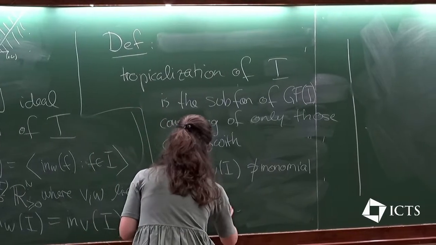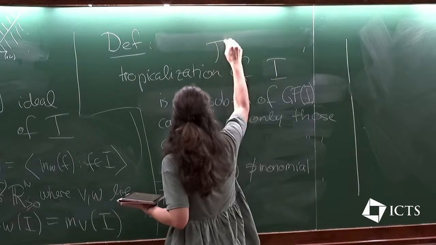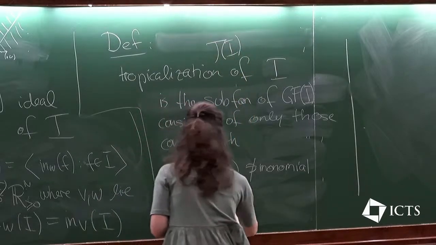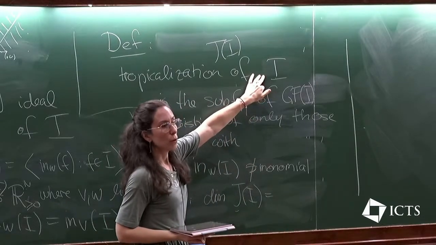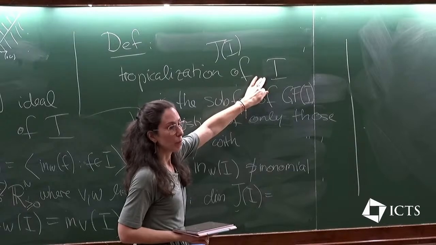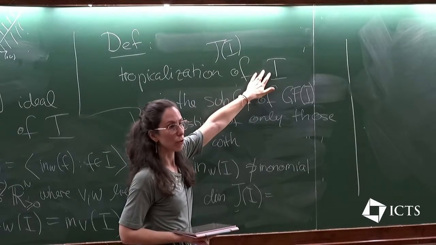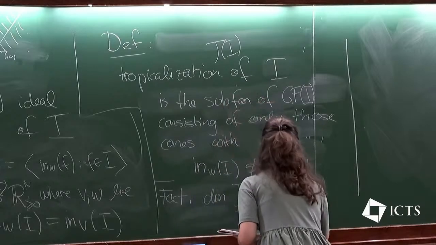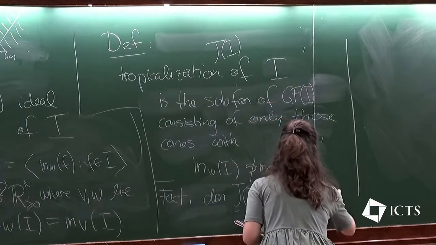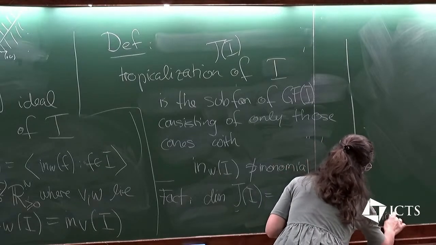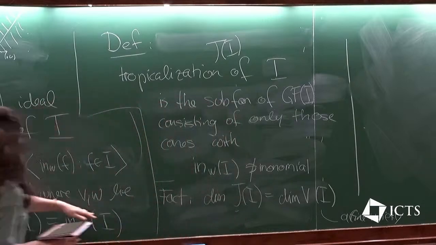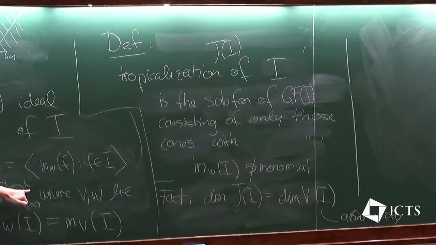The dimension of the tropicalization, let's call it T of I, is the Krull dimension of the quotient of the polynomial ring by I, or the dimension of the affine variety associated with I. Whereas here, the dimension is capital N, which would be the affine space where my affine variety lives.